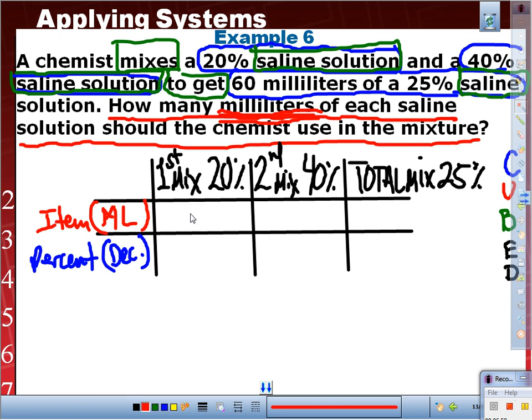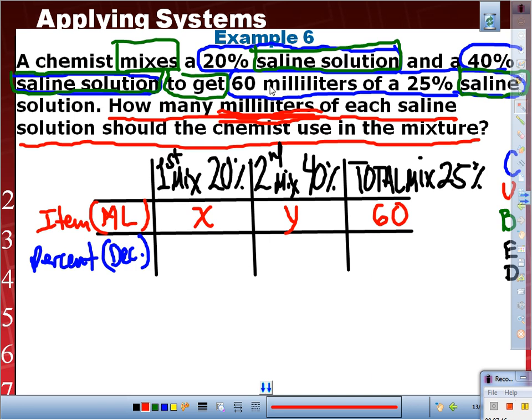We can't use S because all of them have S, so what other variable can I use? X. That is correct. So if this one we don't know the milliliters, we label it X. The second mixture, what can we label that? Y. Do we know the total milliliters in the total mixture? That is correct, 60.